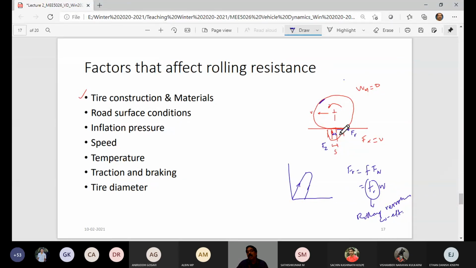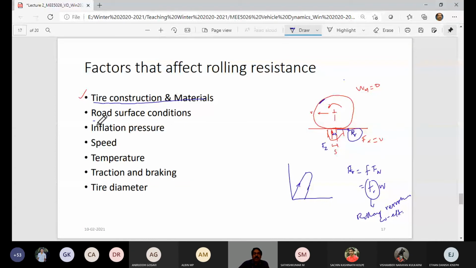So let us call this RR, rolling resistance force. So RR. And you get this, right? So that is the definition of rolling resistant force, and that is influenced primarily by tire construction and material. And there are other factors which are also going to influence your rolling resistance.